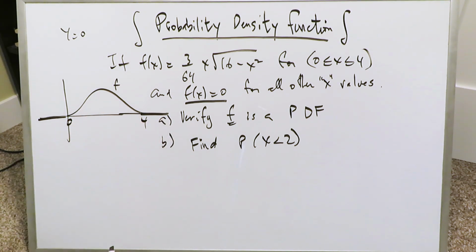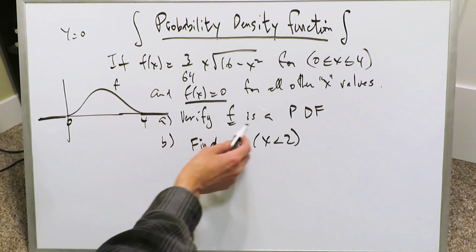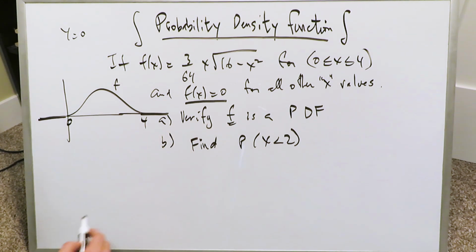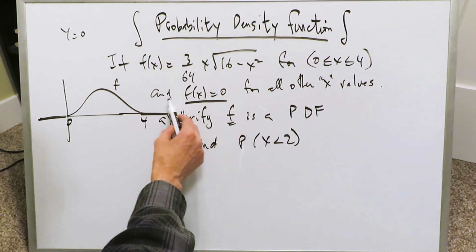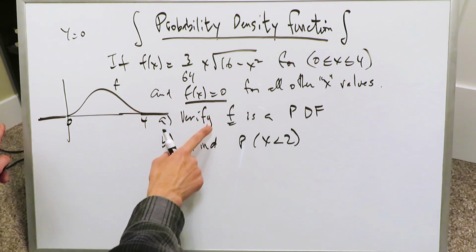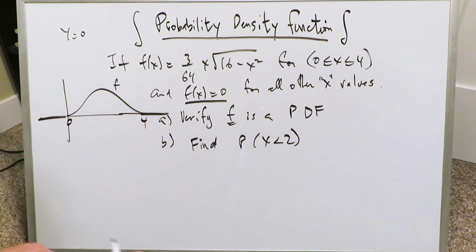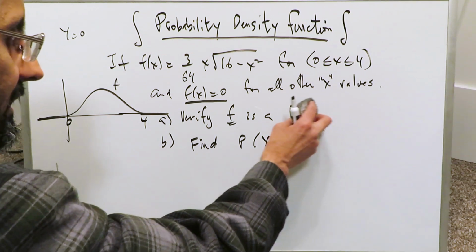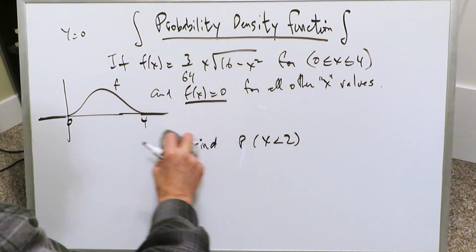We have to verify that this function f of x is a probability density function. Don't get confused by this extra language. It's just showing that the rest of the function is basically your x-axis, y equals 0. How can you verify that this function is a probability density function? Well, you have to integrate this over the interval you're looking at.